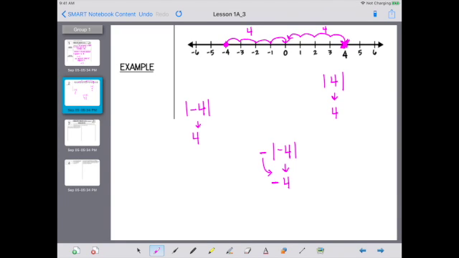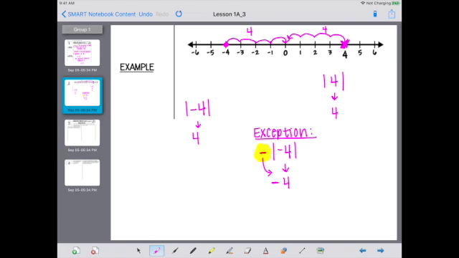So this would be your exception to the rule. If there's a negative outside of the absolute value symbol, you're going to have a negative answer, versus the absolute value, which will always be positive.